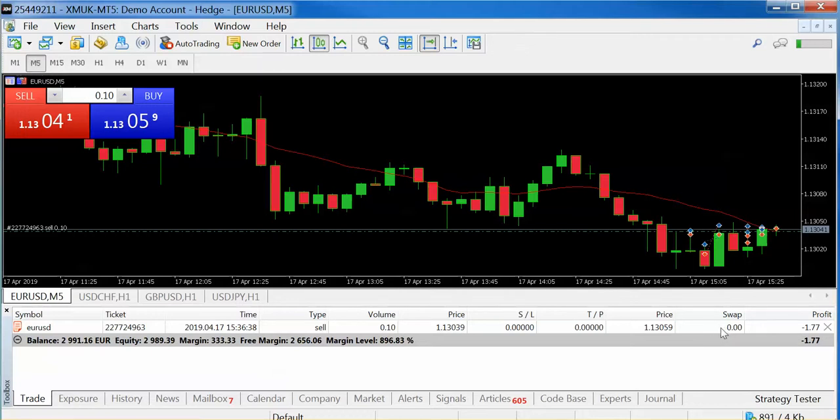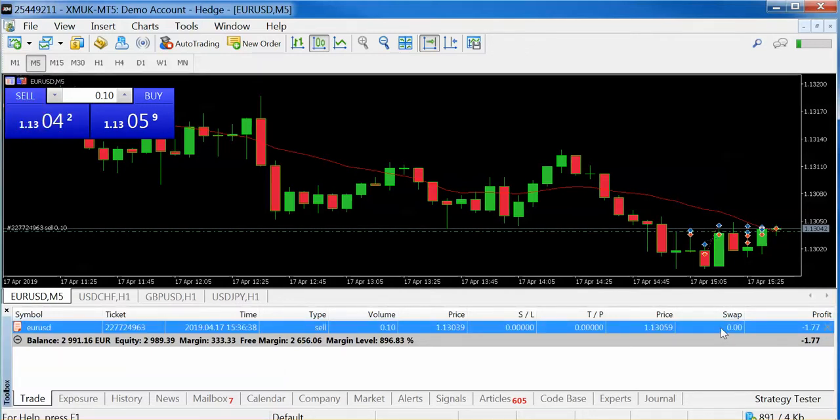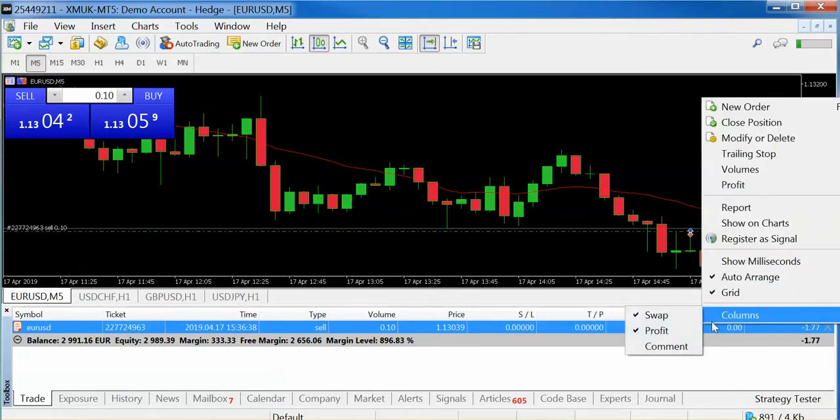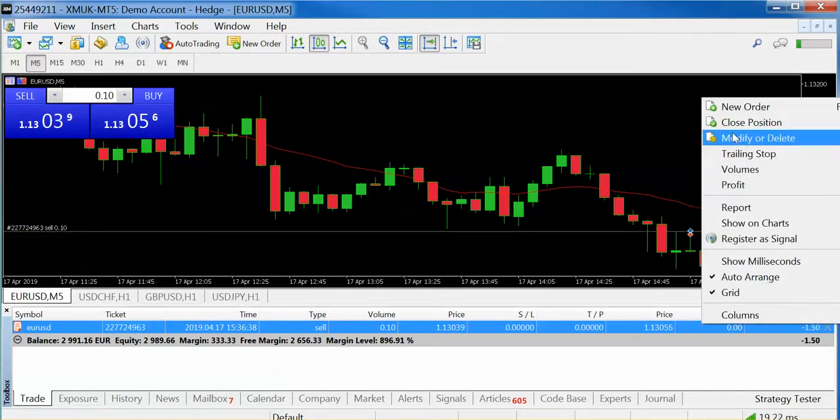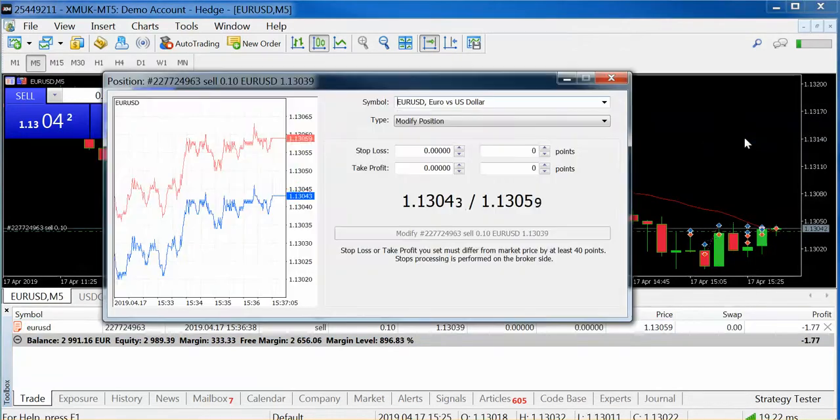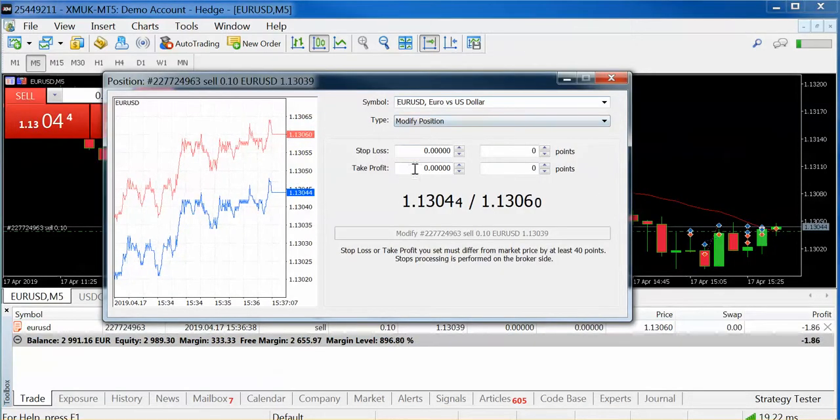Click on the position with your mouse and it will turn blue. Then right click and you can close the position, or you can modify. So we're going to go to modify, and now we can put in how much we want to risk.